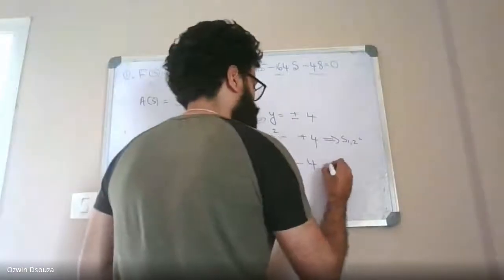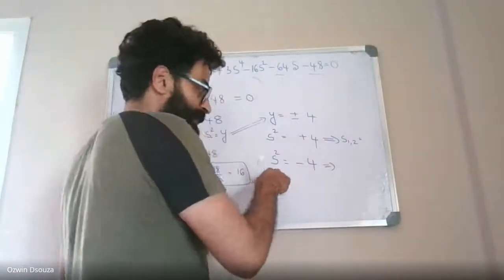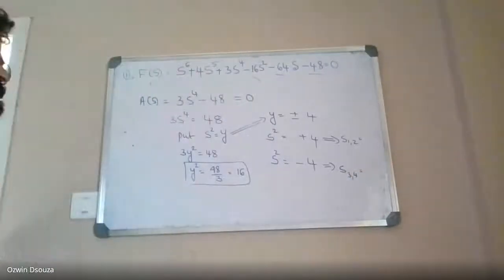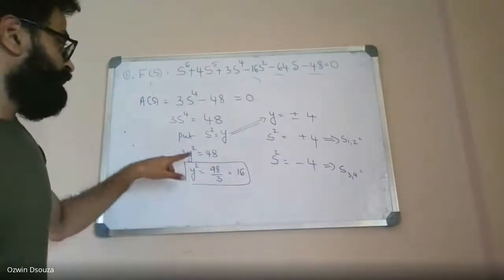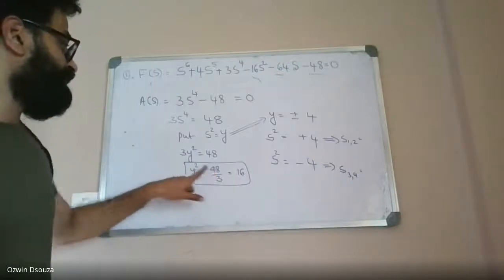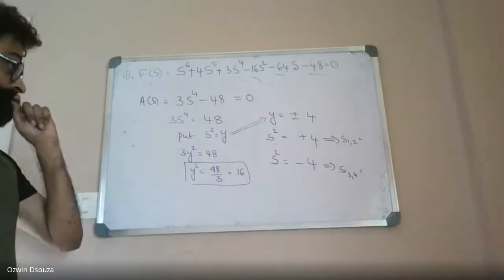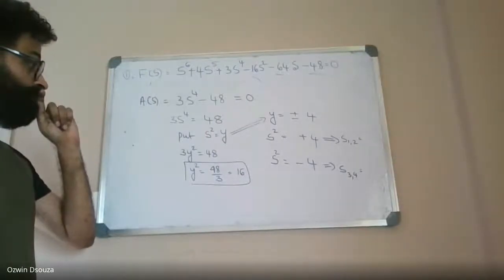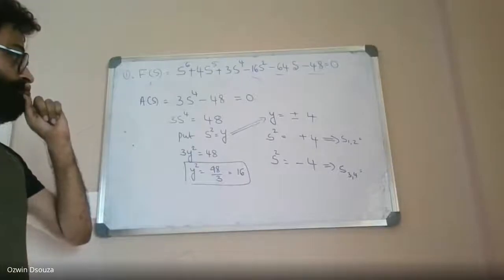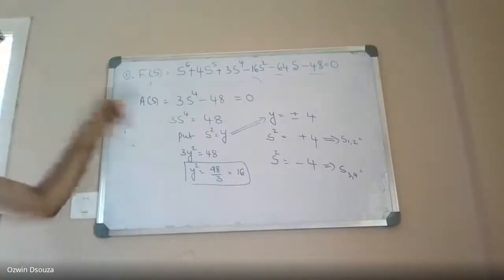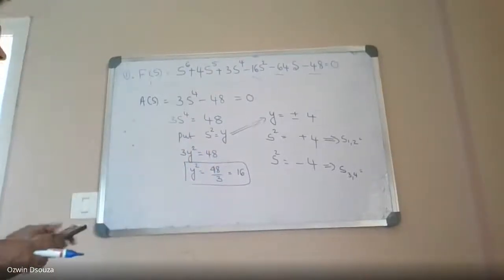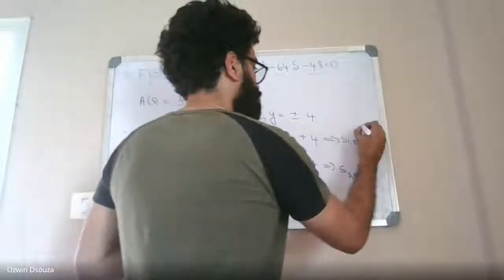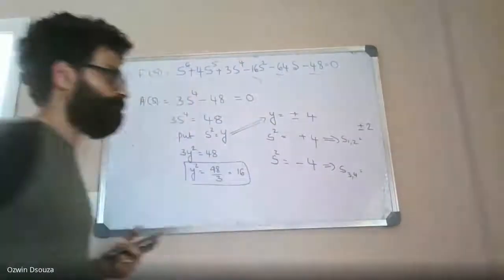And when you solve for this s, you will get s 3 comma 4. Correct. You have substituted y is equal to s square.